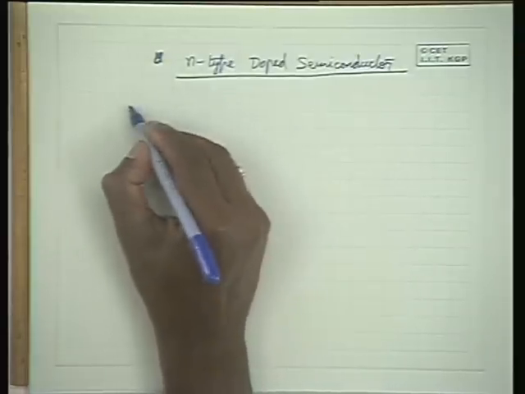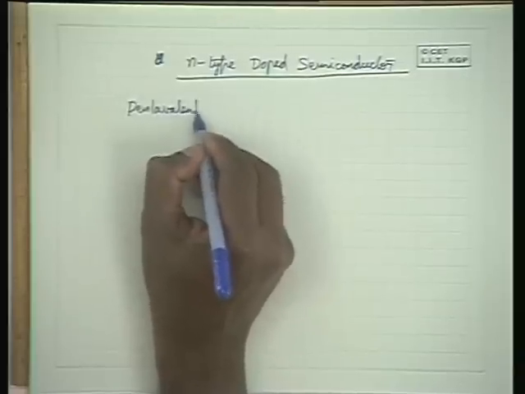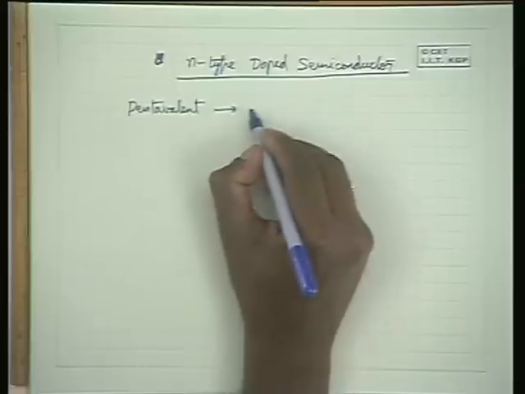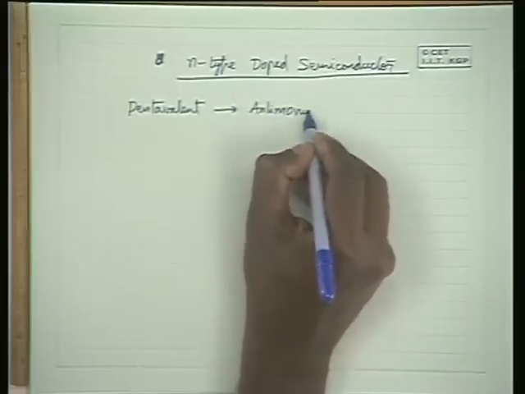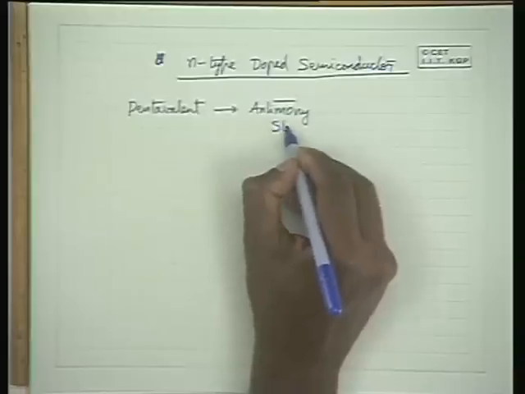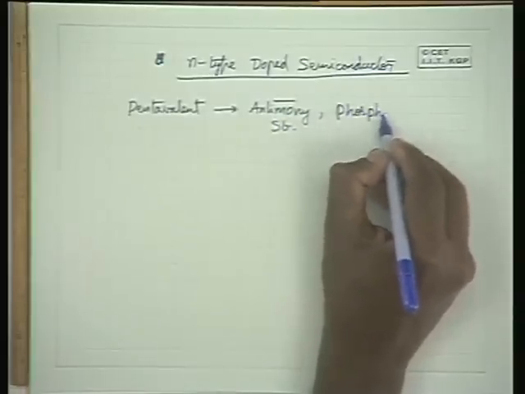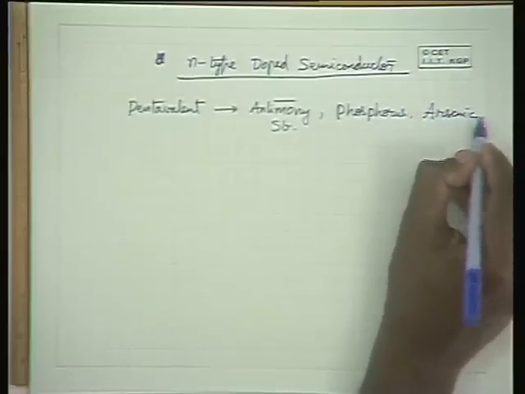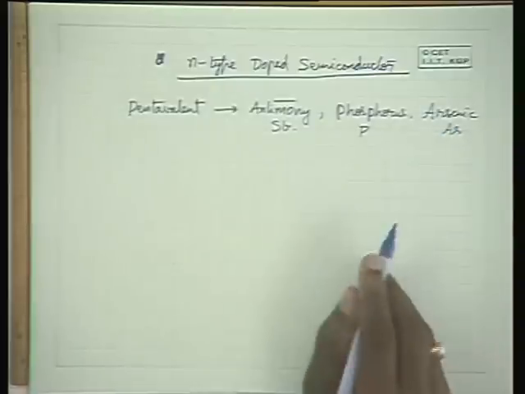We have several pentavalent materials available in the periodic table. As an example, antimony, phosphorus, arsenic. So these are pentavalent materials.